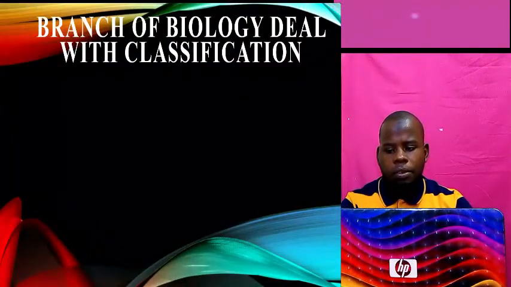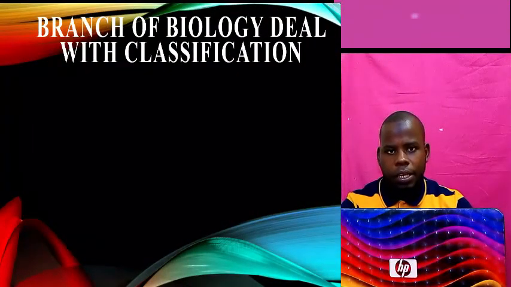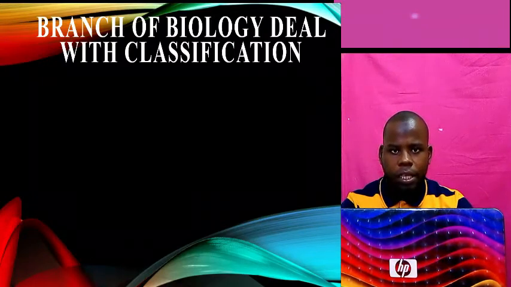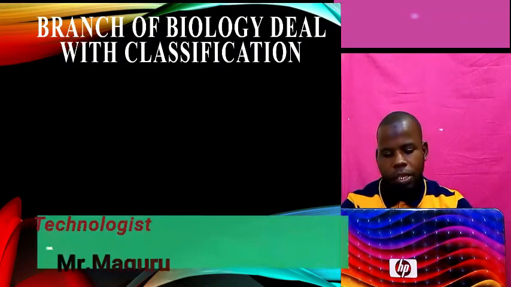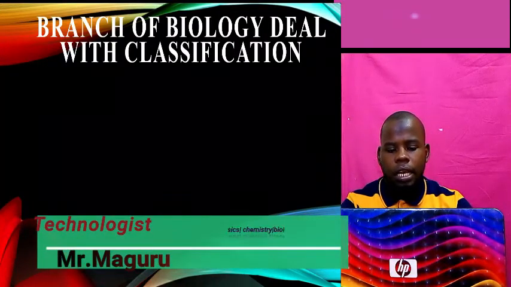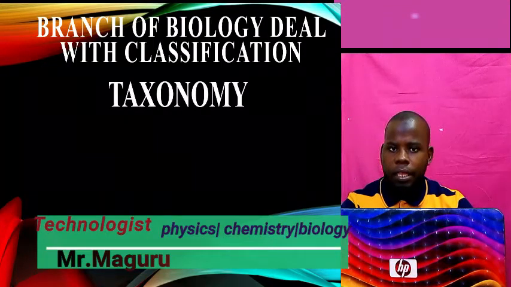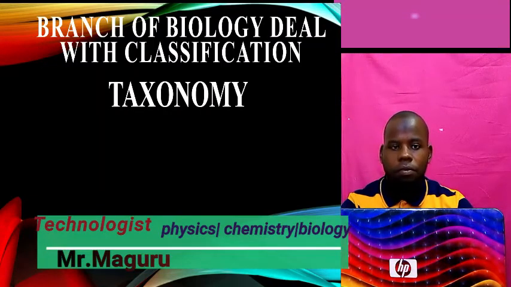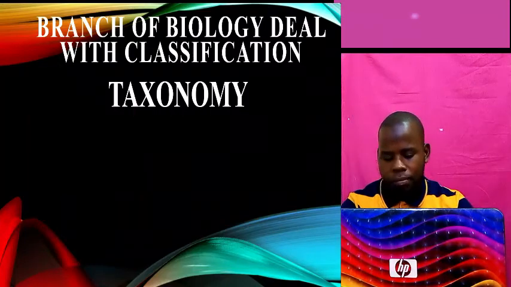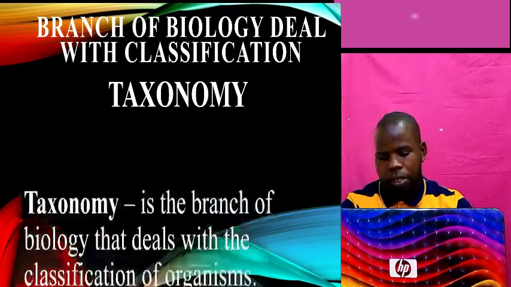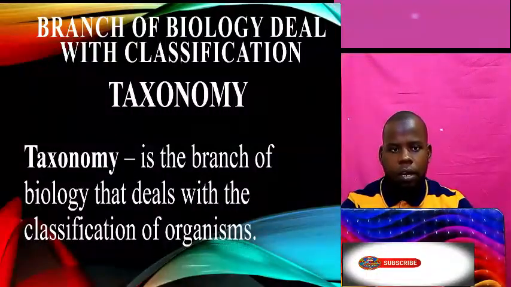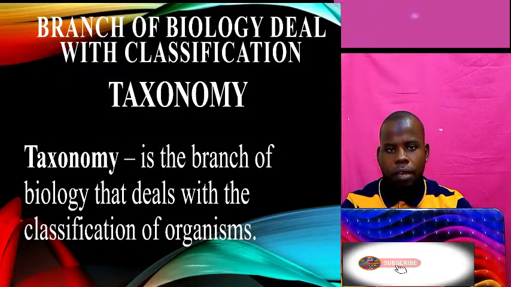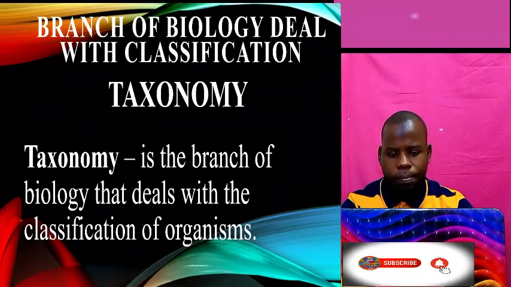There is a branch of biology that deals with classification. What is that branch? The branch which deals with classification is called taxonomy. Taxonomy is a branch of biology which deals with the study of classification of living things or organisms.